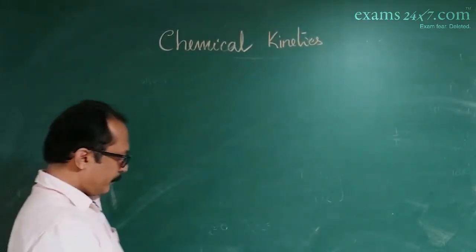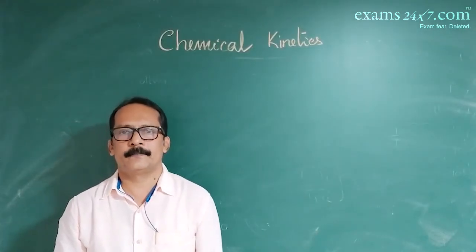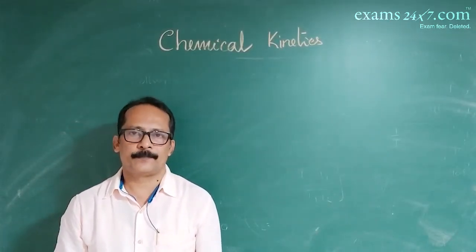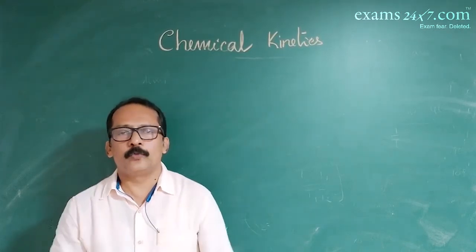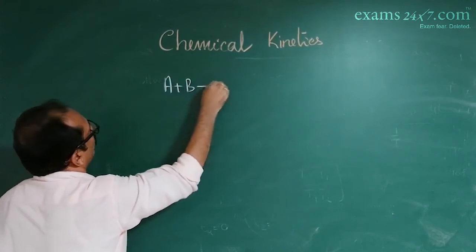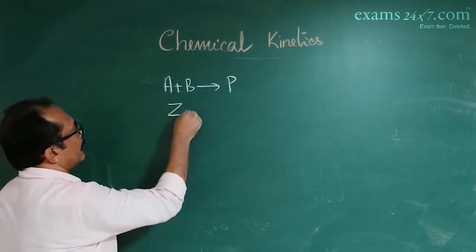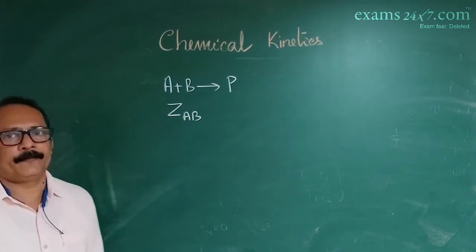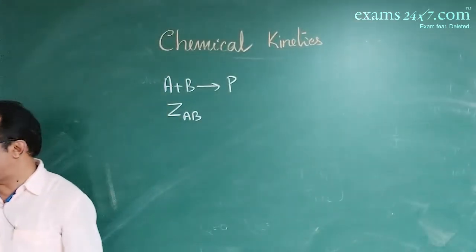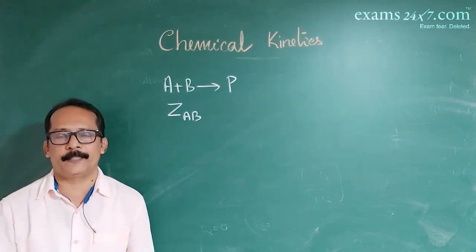Here, the reactants are considered as solid spheres, where two molecules A plus B undergo collision, that is product. ZAB indicates the collision frequency.